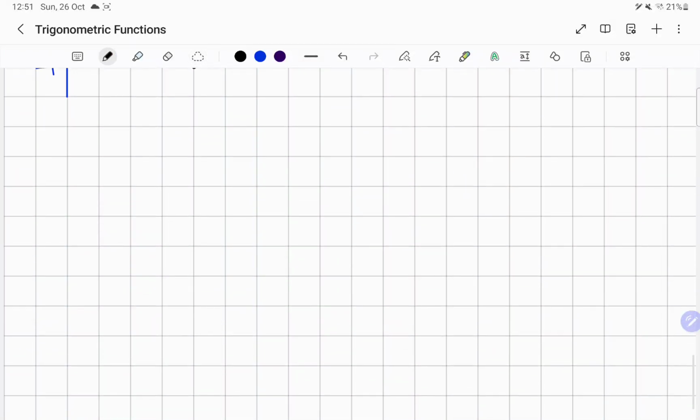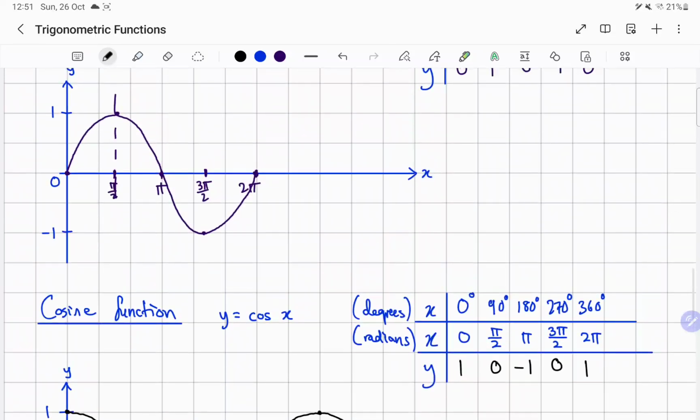There is a pattern that repeats. Even for the sine graph, it's going to go up again, come down again, like that.